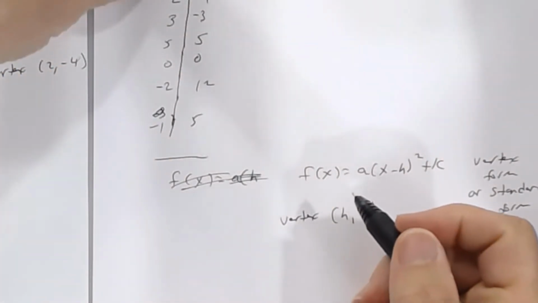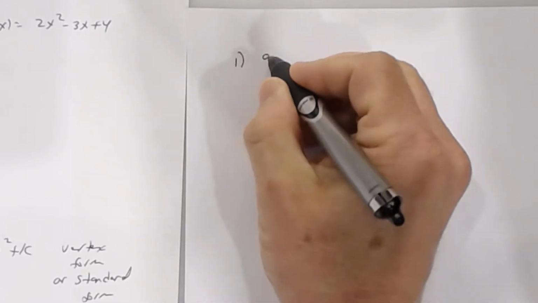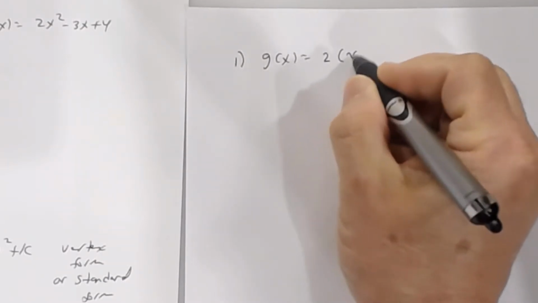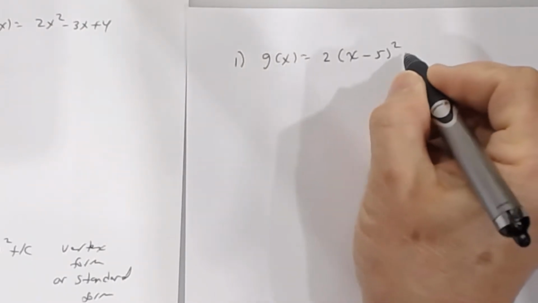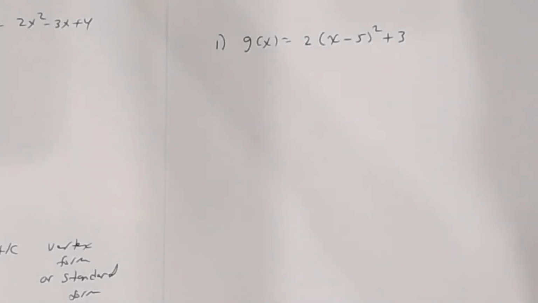So let's suppose my function is g of x equals 2 times x minus 5 squared plus 3. What form is this? Vertex form.